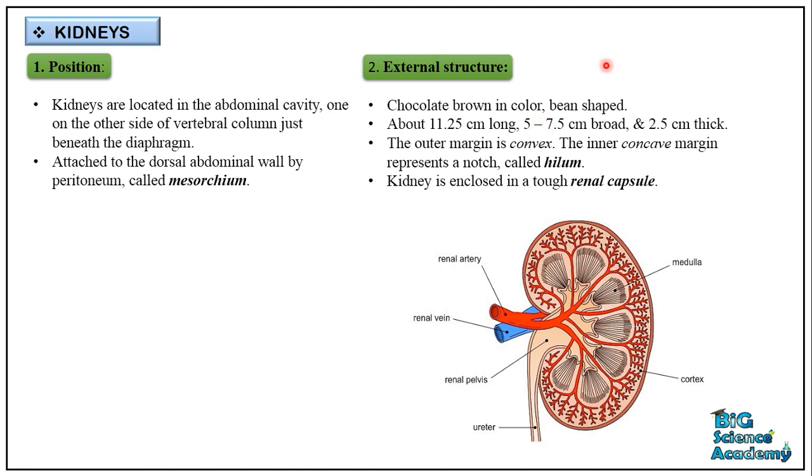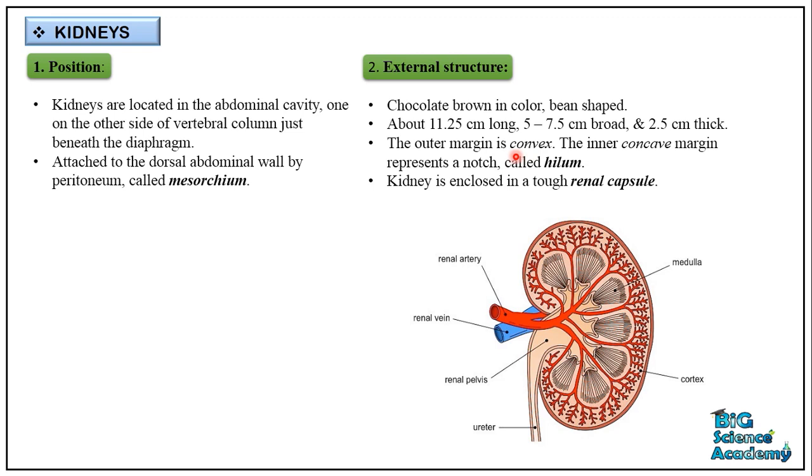Next, we will discuss the external structure of the kidneys. Kidneys are chocolate brown in color and bean shaped, about 11.25 cm long, 5 to 7.5 cm broad and 2.5 cm thick.